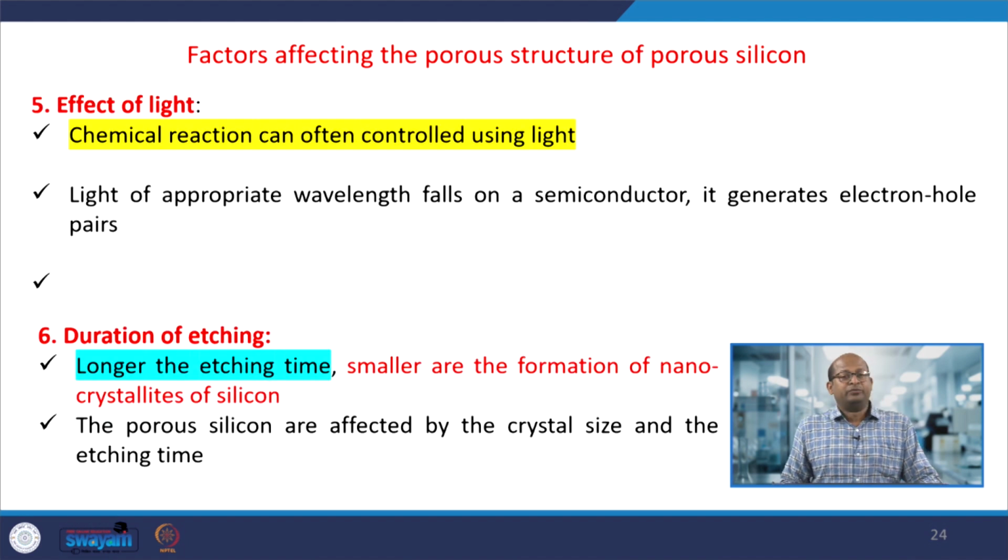Next is another parameter, the effect of light. Chemical reactions can often be controlled by using light. When we have taken the electrochemical cell and are passing current and voltage through the HF electrolyte, the chemical reactions take place for making the holes in silicon wafers.